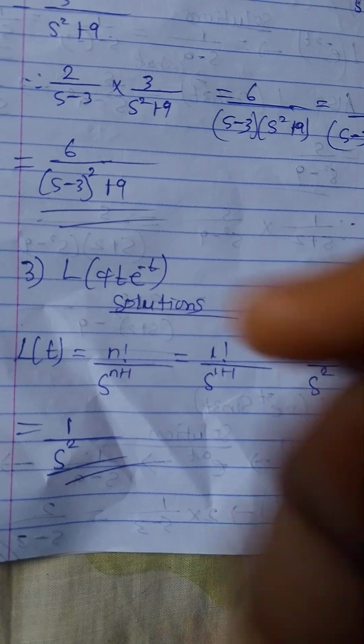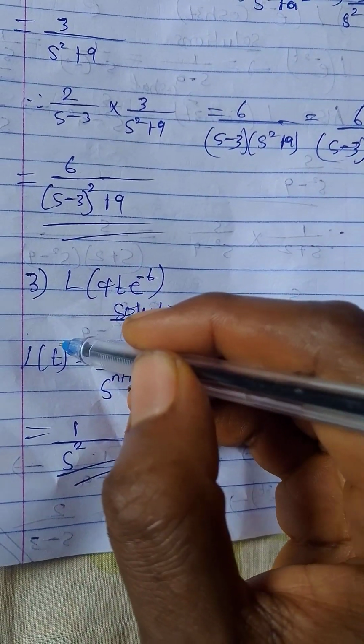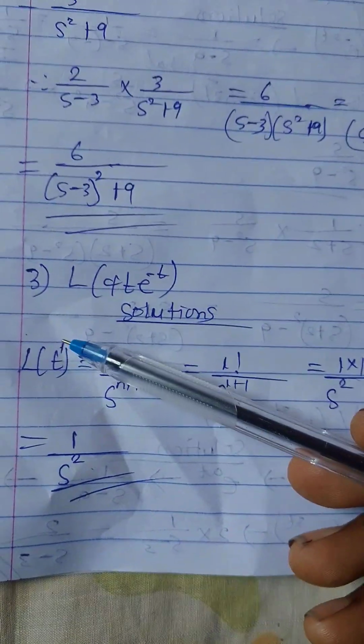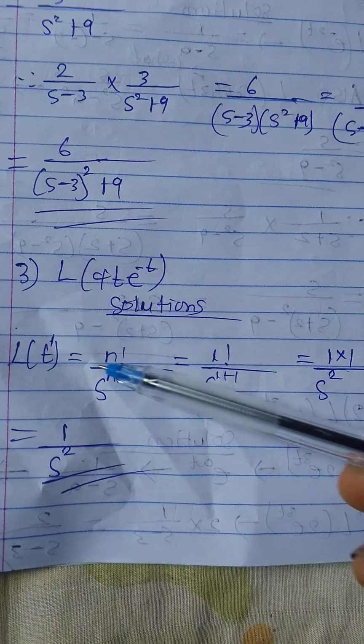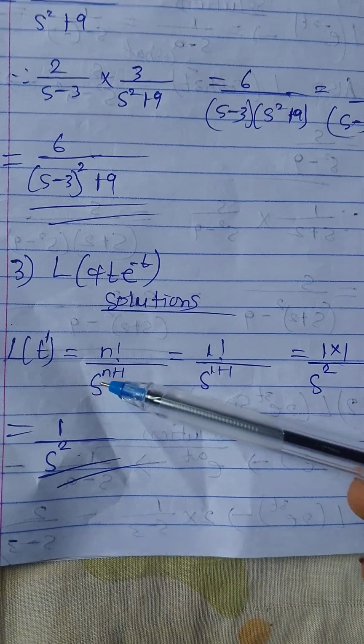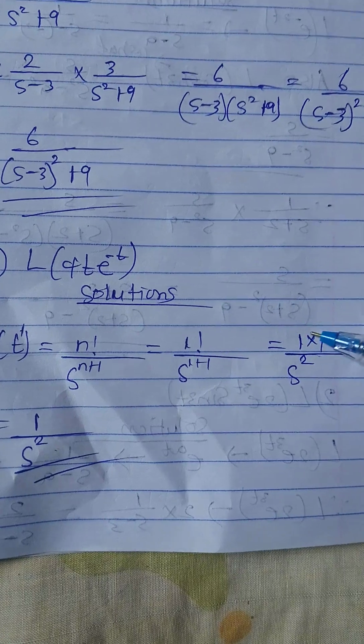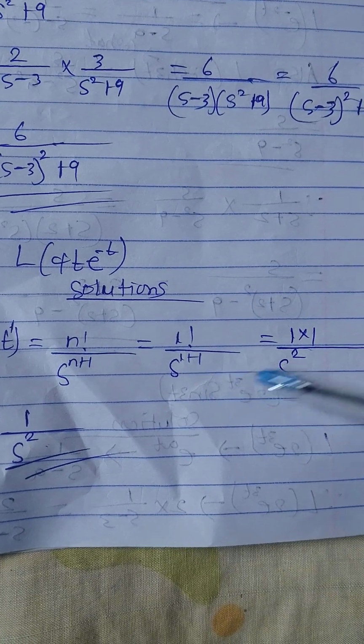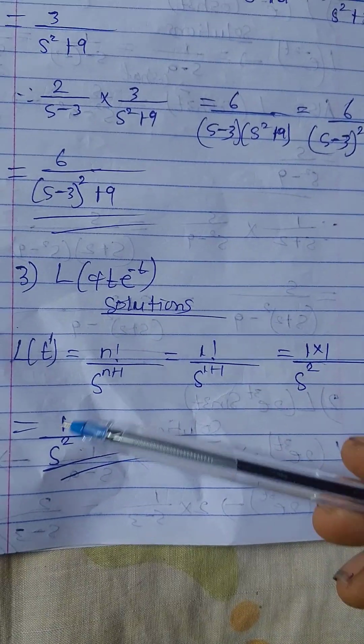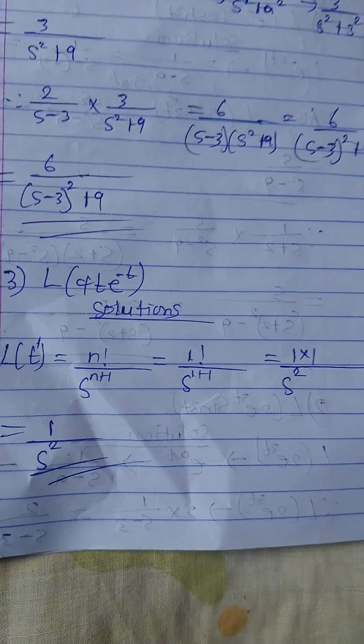The power of t here is 1, since there is an invisible 1. So that equals 1 factorial all over x raised to 1 plus 1, which is 1 over x squared. So this is the answer.